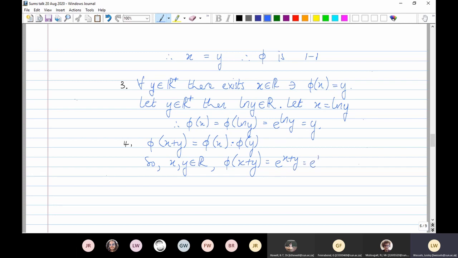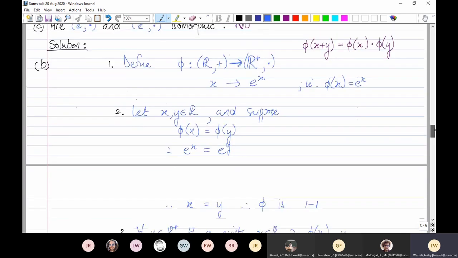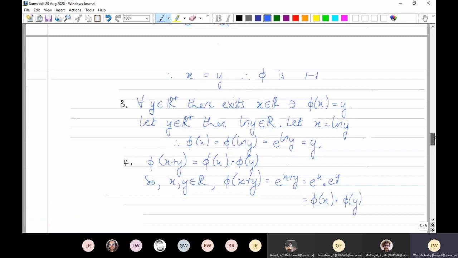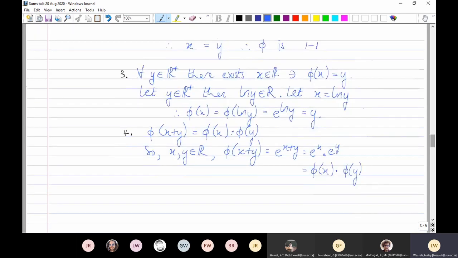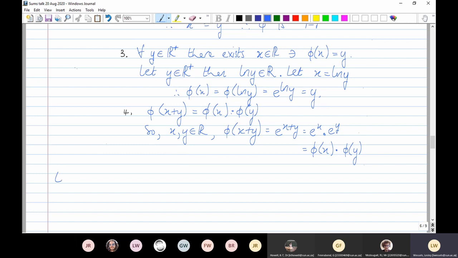And remember, we can write this as e to the x times e to the y, which means this is phi of x times phi of y. And we have shown that there is an isomorphism, or the two structures are isomorphic. Okay, so that is what an isomorphism is. So you have injectivity, surjectivity, and you have the homomorphic property. So what is an endomorphism?